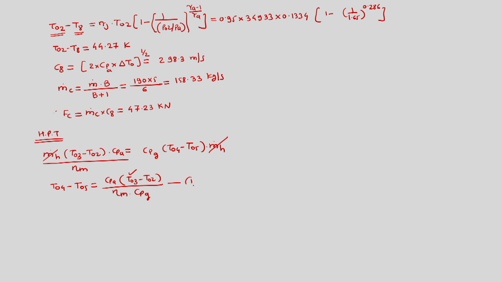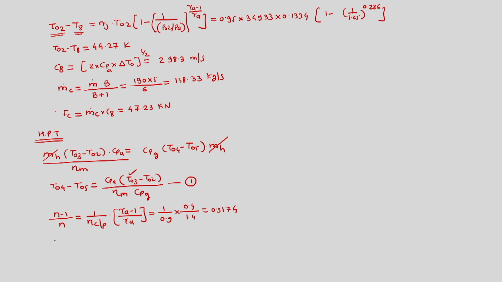So we will name it equation 1, since we do not know T03. It can be found out from polytropic efficiency, which says that (n minus 1) upon n is equal to polytropic efficiency of compressor into (γ of air minus 1) upon γ of air. So it is 0.9 into 0.4 divided by 1.4, and it is 0.3174.